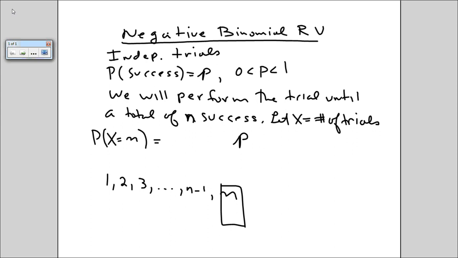Oh, excuse me. I'm going to keep it R. That was a big error on my part. You want R successes. Okay. So clearly, the last game is a success. So in here, we want a total of R successes in all, but here, that last game is a success. So we want R-1 successes.